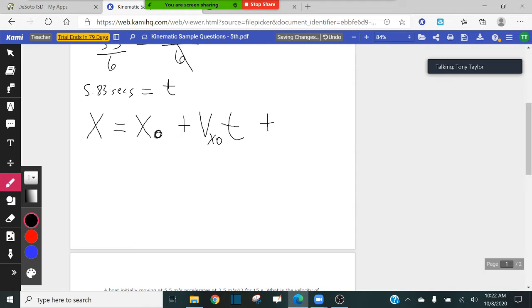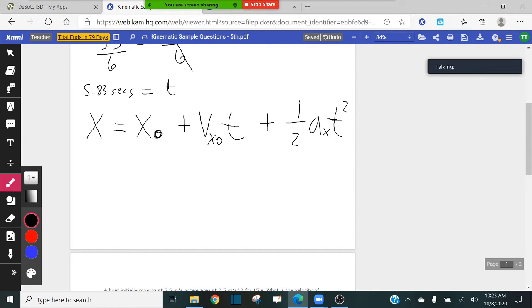Guys, the formula chart is in Schoology. I posted it in one of the folders in Schoology. I'm going to also post it again in the folder for today as well. Plus 1/2 times the acceleration in the x direction multiplied by time squared.